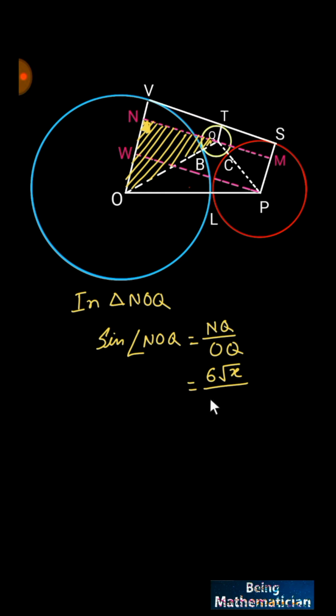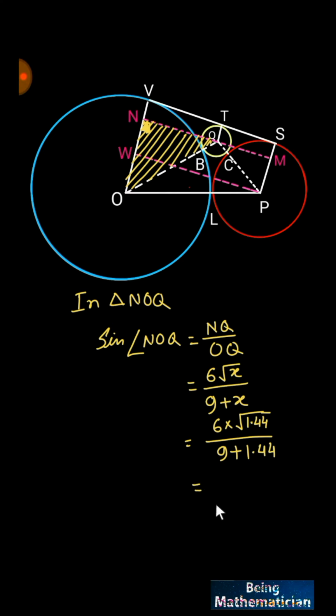OQ is the sum of the radii of the yellow circle and the blue circle, and it is 9 plus x. Now we have the value of x, and putting this, 6 into root over 1.44 by 9 plus 1.44.